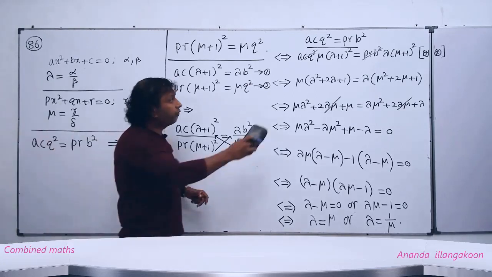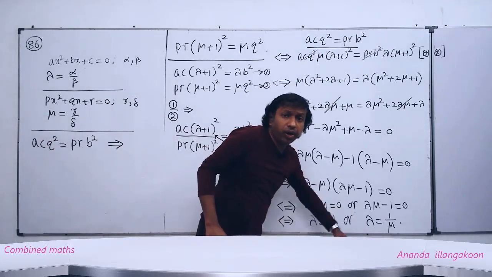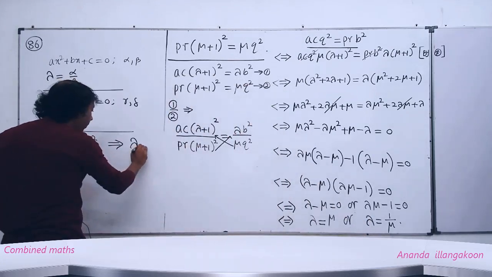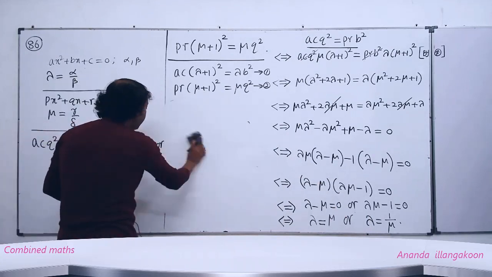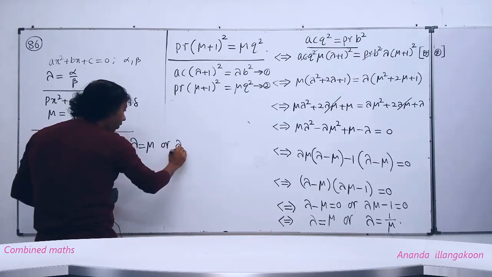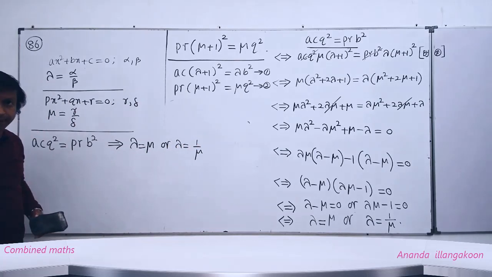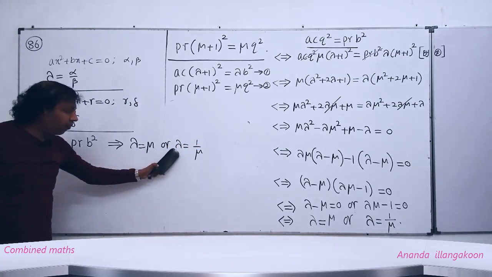Either lambda equals mu or lambda equals 1 upon mu. Understand? If these two are equal, lambda equals mu or lambda equals 1 upon mu.